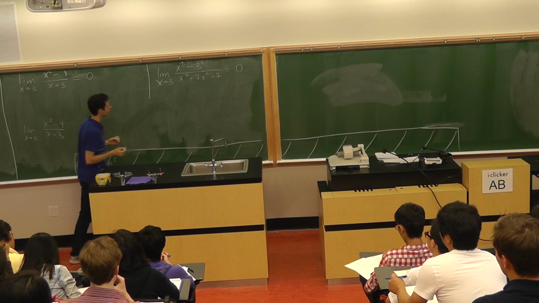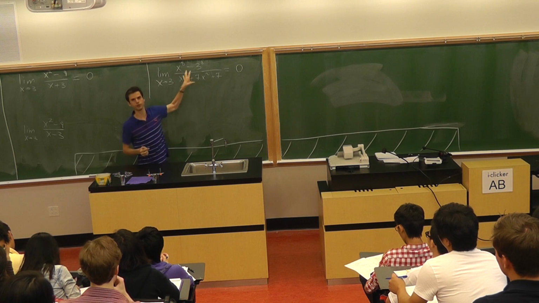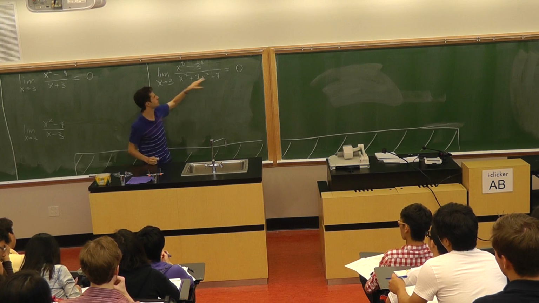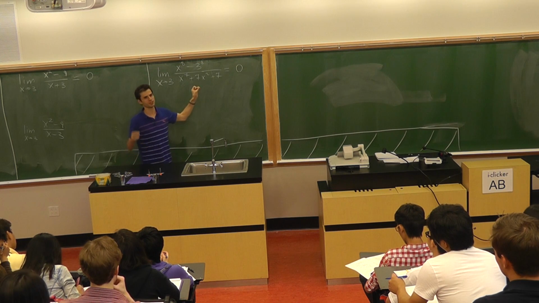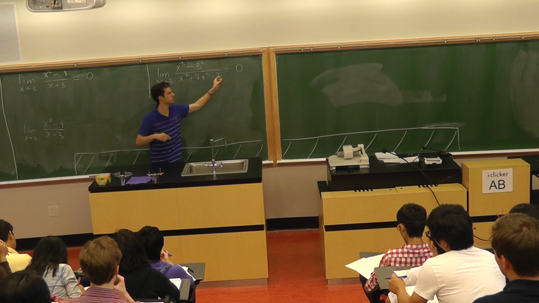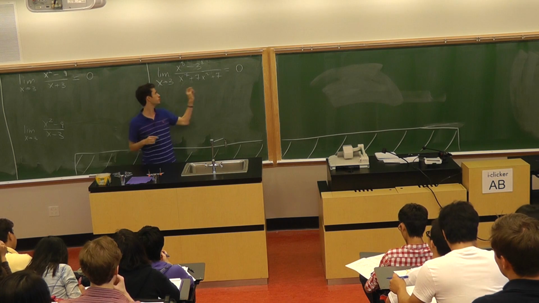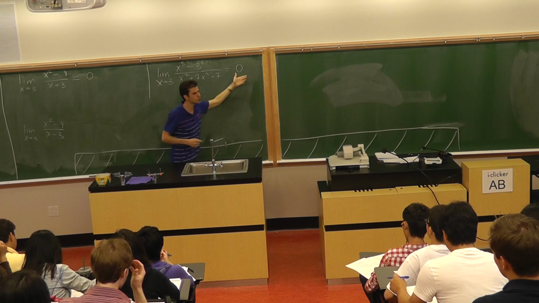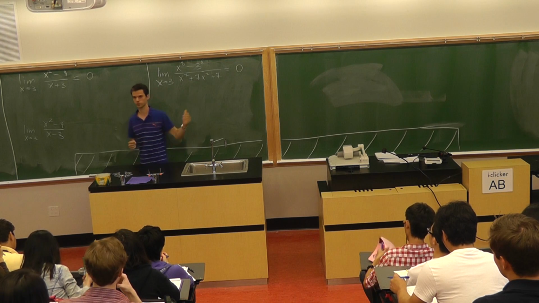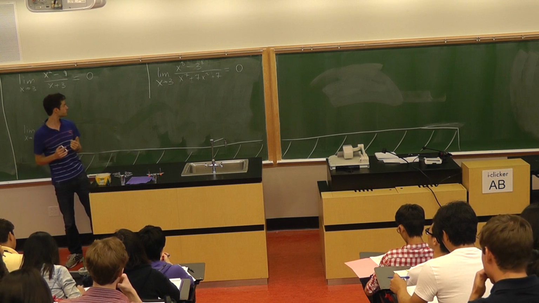The argument is not that the value of this function at the point 3 is equal to 0, but rather that when the argument is close to 3, the value of the function is close to the value at 3. So that's the additional thing.